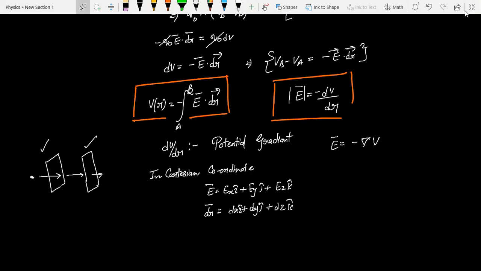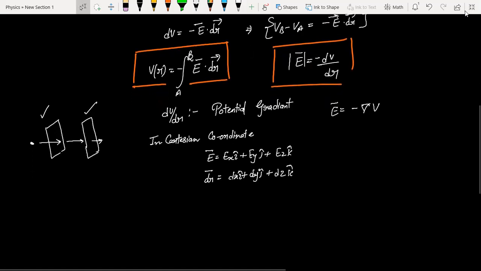In this case the potential difference dV is minus Ex dx. If you take the dot product of E dot dr, the i cap element will be multiplied by dx i cap, the other parts will vanish, and minus Ey dy, and again minus Ez dz.